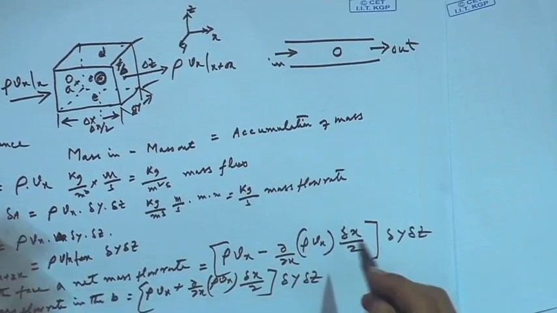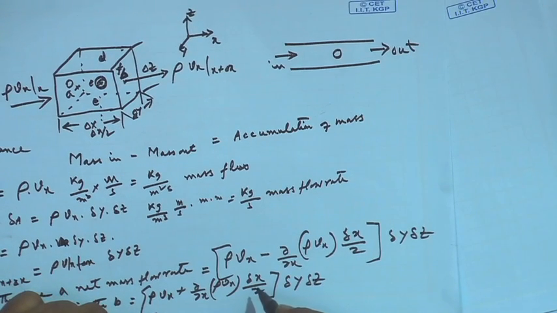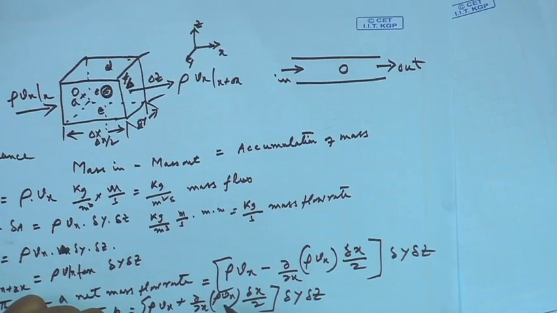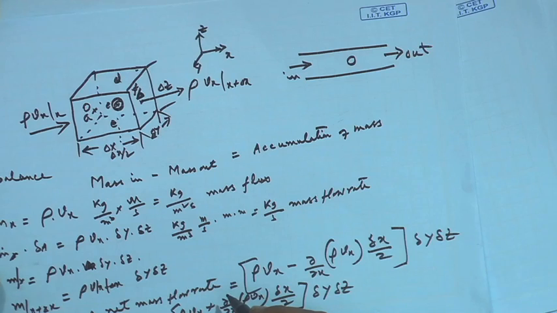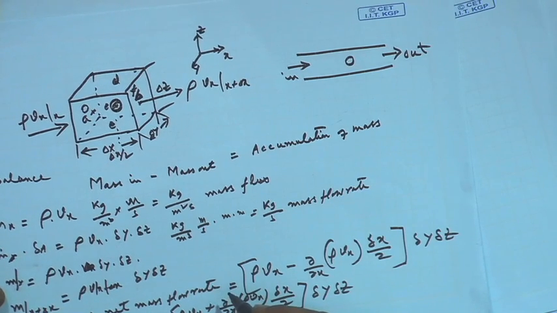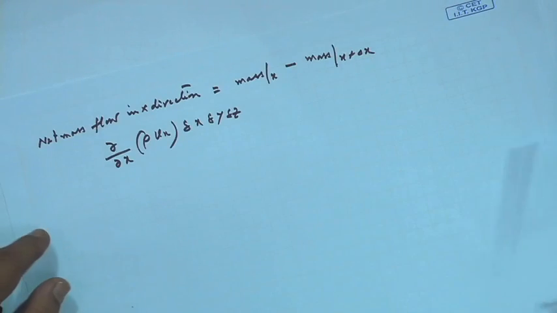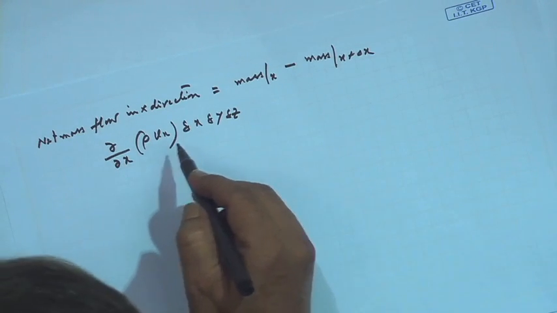Because this is del x by 2 and this is del x by 2, so these two put together is this minus this. So, out minus in is that, and this is del x of rho Vx, that is net which is flowing.